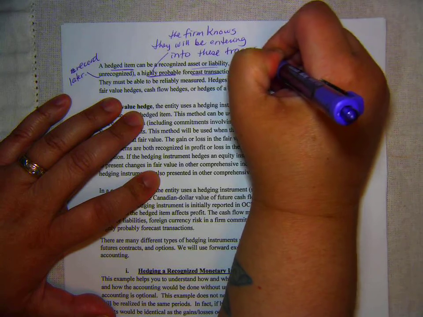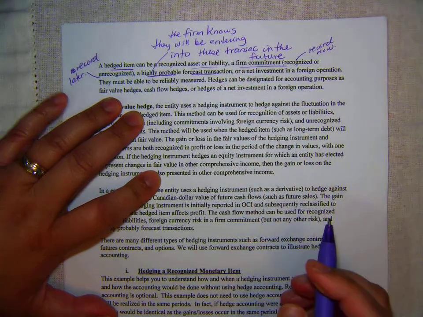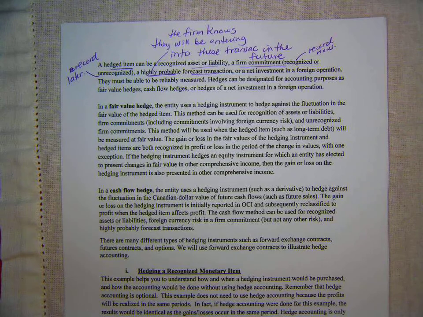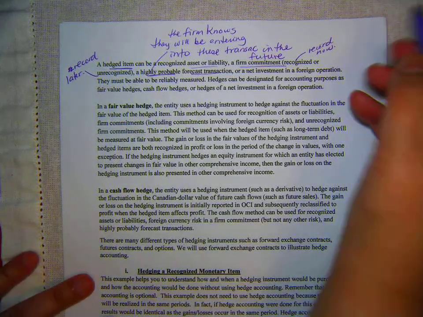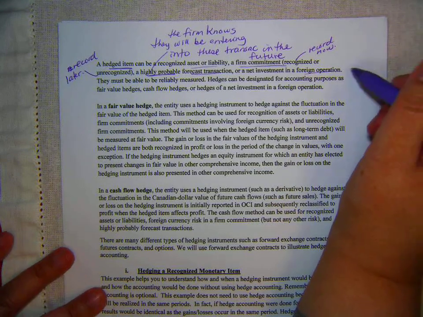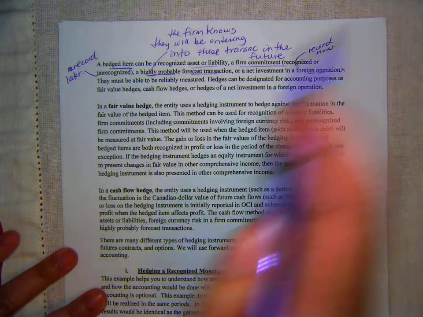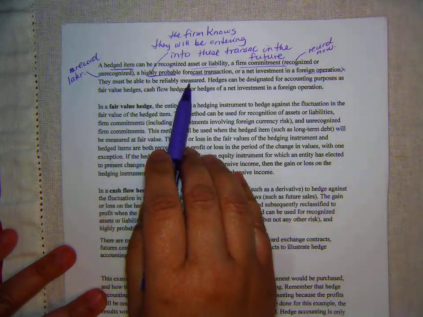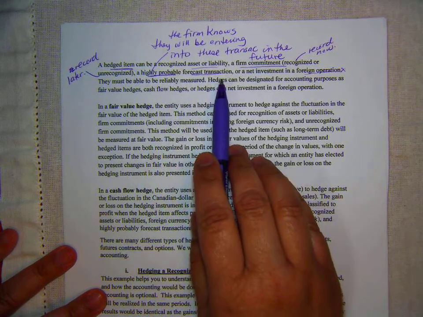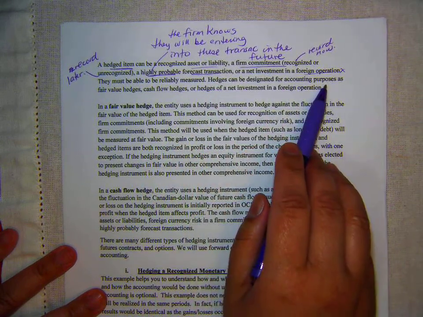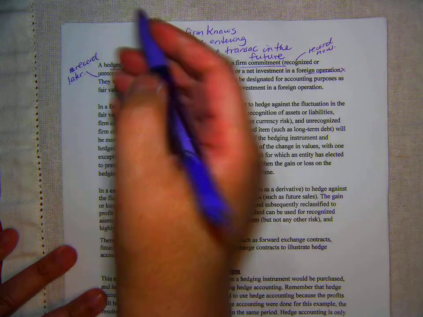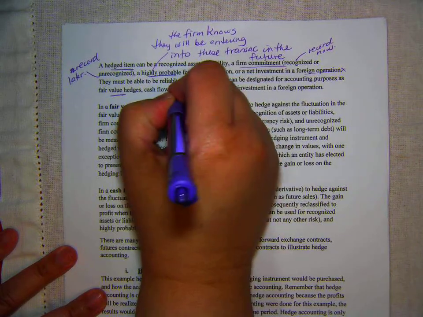Or it could be a net investment for operations. We're not going to worry too much about that one. They must be able to be reliably measured, and the hedges can be designated for accounting purposes as fair value hedges. So these are the two kinds: fair value hedges, cash flow hedges, or hedges of a net investment in foreign operations. Again, we're not going to worry about that too much at all. These are the two I'm concerned about.